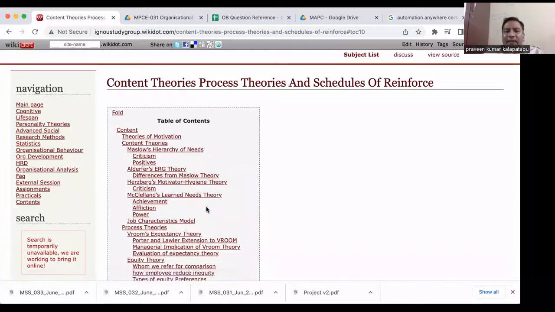Now comes McClelland, who says forget about all these needs and hierarchies. There are 3 main types of needs, which are achievement, affiliation, and power, and you will have a combination of them. You have a dominant trait, and depending on it, you could observe various things. The job characteristic model talks about where it starts, the psychological process in it, and what the outcomes are. There is also a score called the motivating potential score, which you can calculate using it. That's all about content theories.